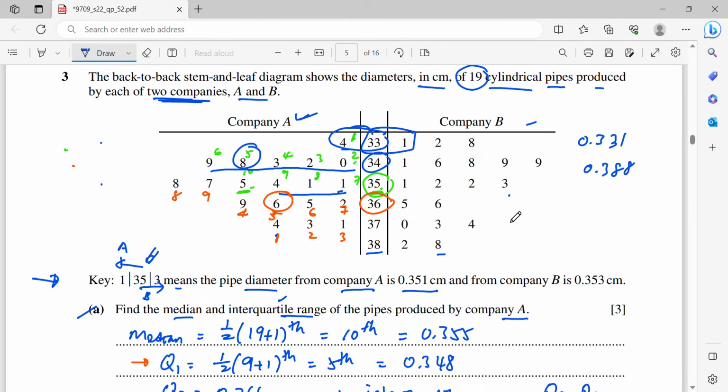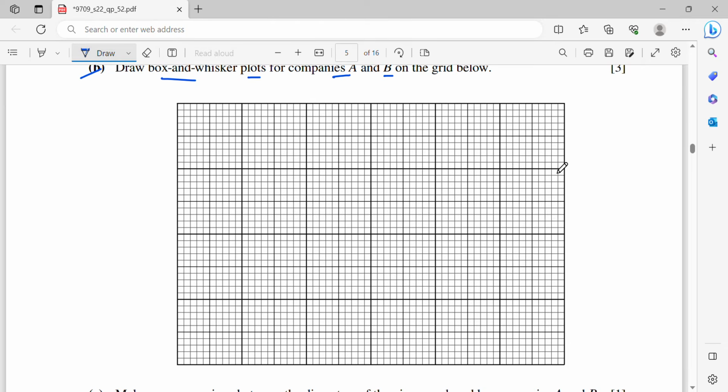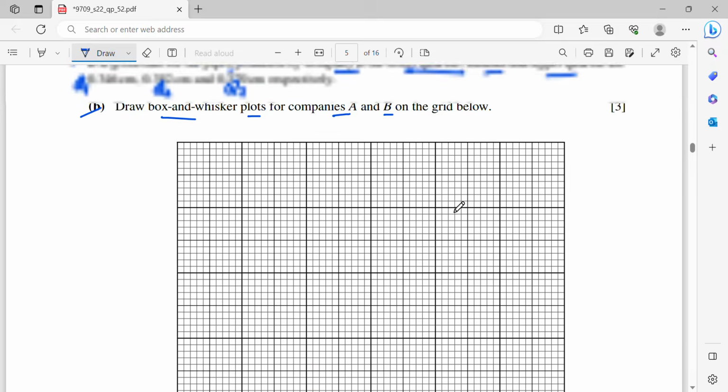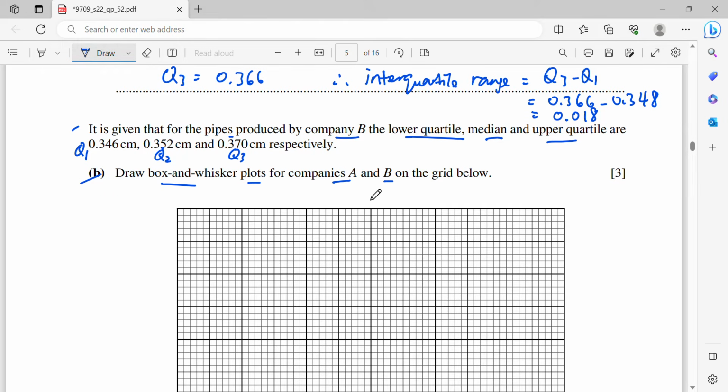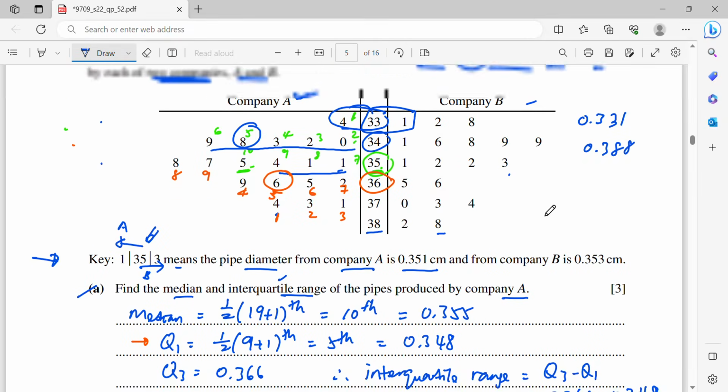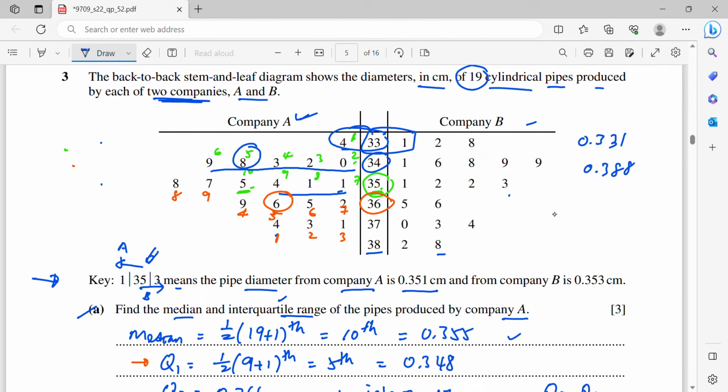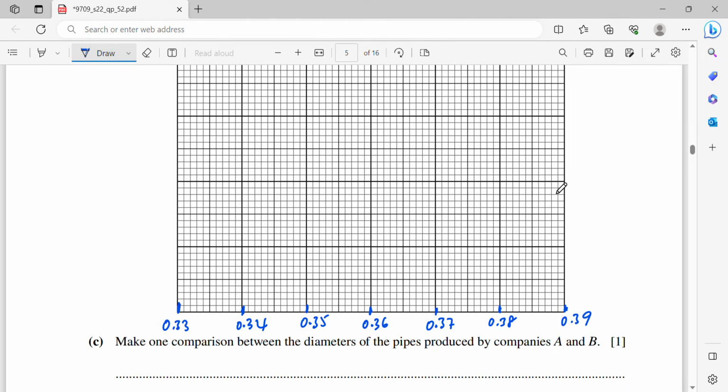So I will label my range here as 0.33, then here 0.34, 0.35, 0.36, 0.37, 0.38, and then this is 0.39. When I mark for company A first, my median is 0.355, here.